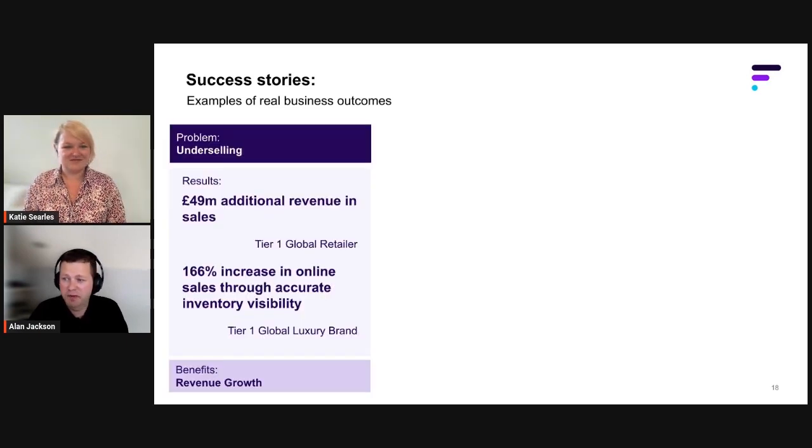So cherry picking some examples here of where we've seen success, and putting a number around it to really measure that step change. So in the problem of underselling, where I have stock pools that I'm not tapping into effectively, and I could extend that range and availability, that's going to result in a monetary increase in revenue and sales that I can measure before and after deployment.